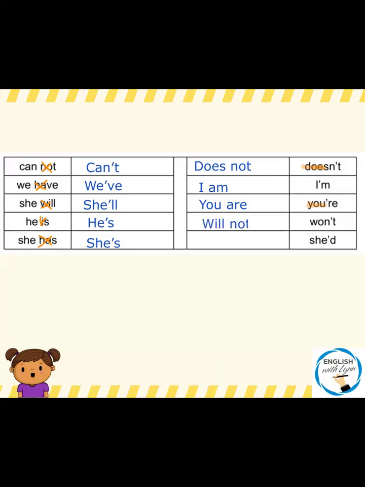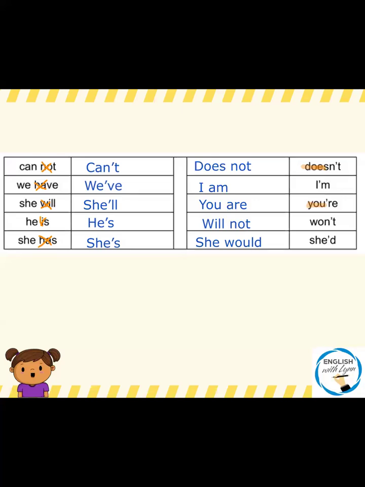And the final one here, where you've got she'd, you need to be careful because this has two different full versions. It might be she would. Okay. The other version is she had.